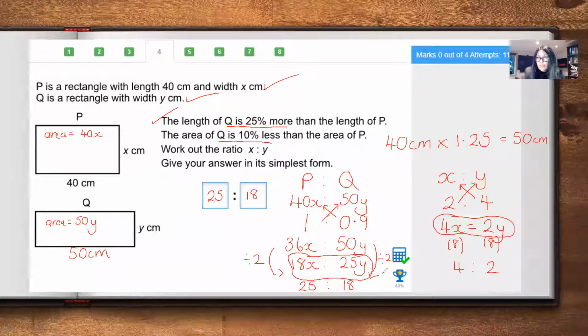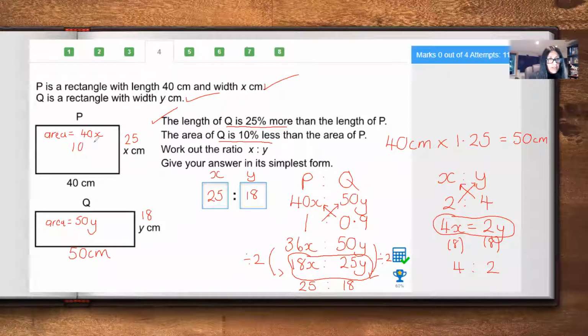Now, if I've got time, I'm going to check it works. I'm going to plug this back in. That's the x and that's the y. So 25 is there and 18 is there. Let's work out the area. 40 times 25 is 1,000.